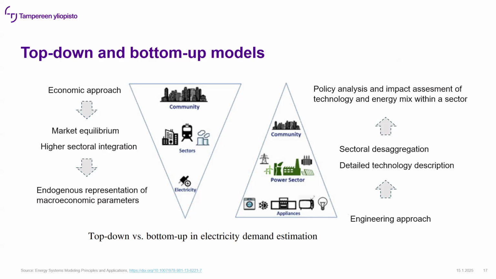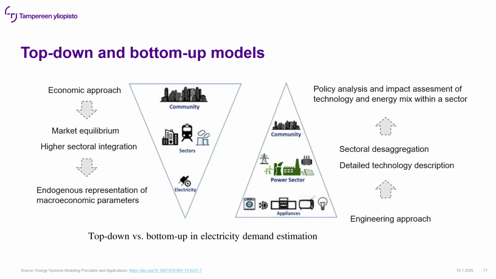And this is from a book, so I really had to see this through with an AI. Endogenous representation of macroeconomic parameters, and hopefully I'll get it right when I'm explaining it, and it's actually what the writers of the book meant.